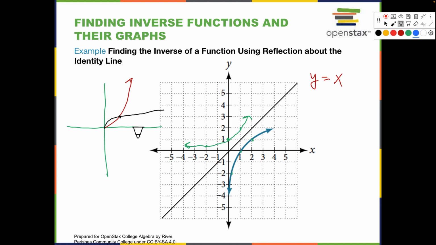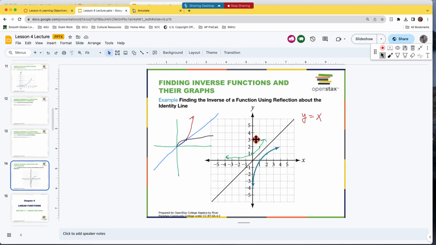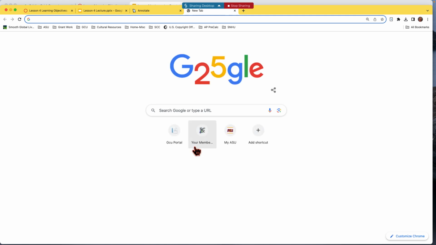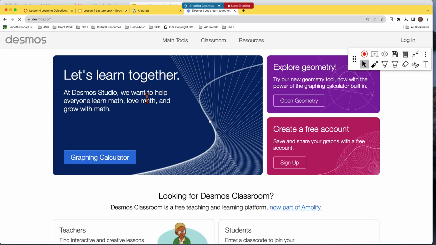So the line would kind of go through there, and it's a reflection over that line. Okay. Sometimes if you go into a graphing tool, which we will use, it will do it much nicer.